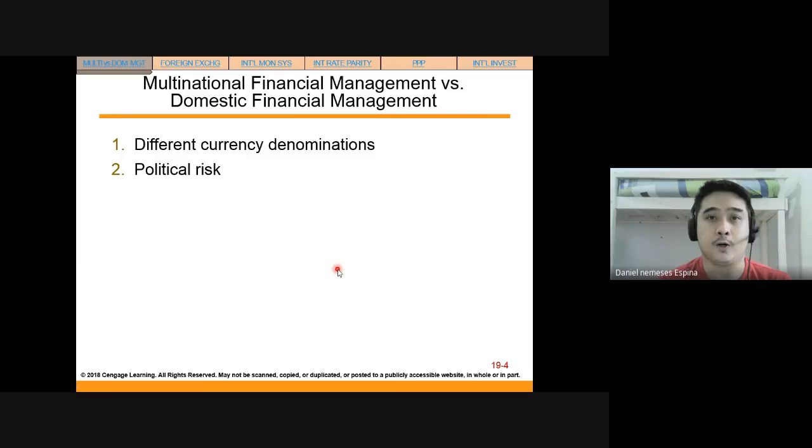Second is the political risk. In domestic financial management, you are only managing the political risk inside the domestic country. But now, since you're operating in several countries, you have to understand the different political risks in each of these countries where we have operations.